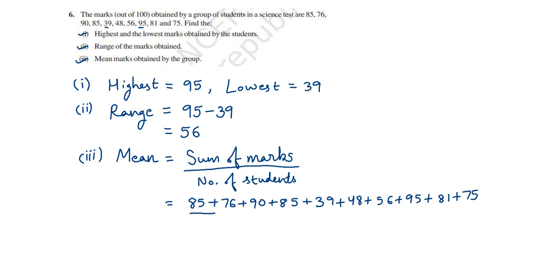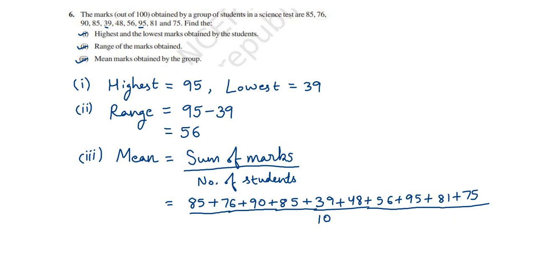This is to be divided with the number of students, that is the number of observations. So the number of observations here is 10. So we will divide this with the 10.